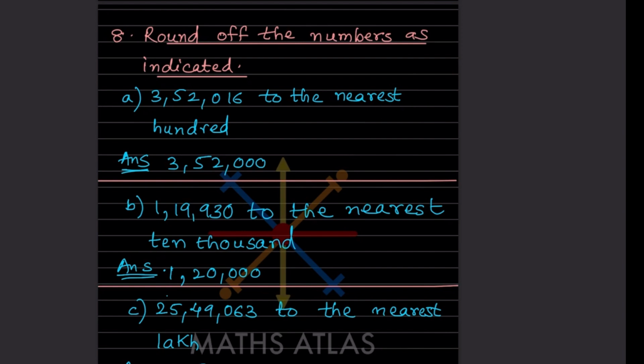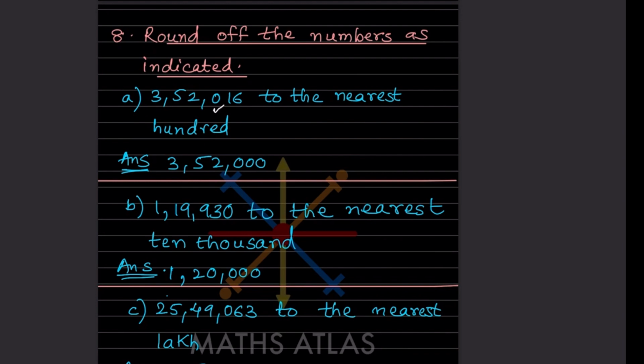Round up this one. This number they have told to round to the nearest 100. So what are we going to do? First thing, ones, tens, and hundreds. We are going to put a tick mark on the hundreds place, and we are going to see the very next number.